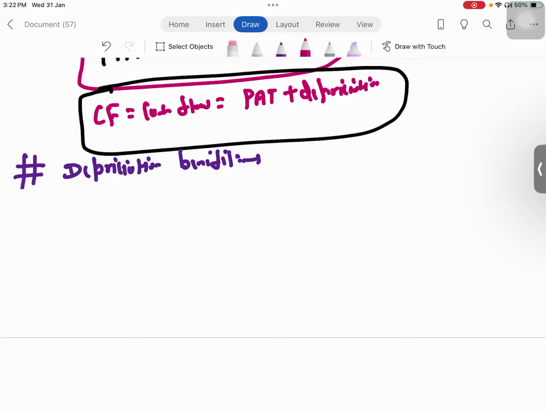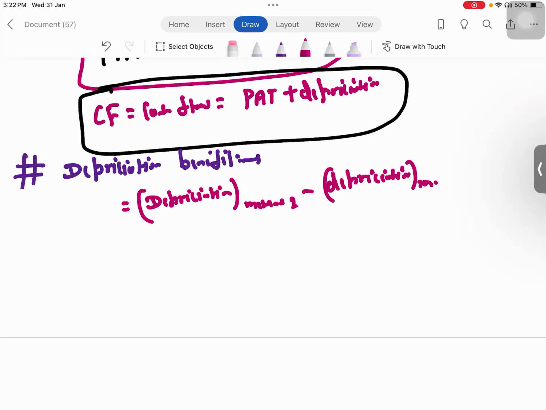So the depreciation benefit is equal to depreciation by method one minus depreciation by method two. And you will be multiplying with your t, that is your tax rate, right?